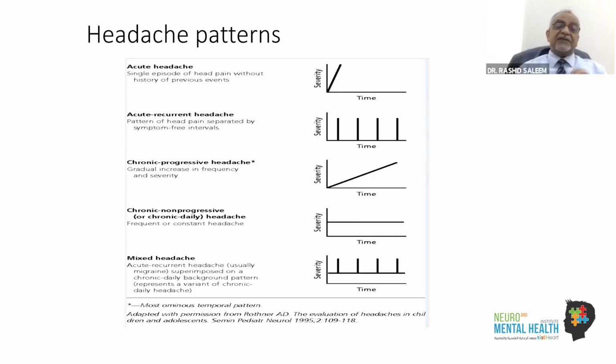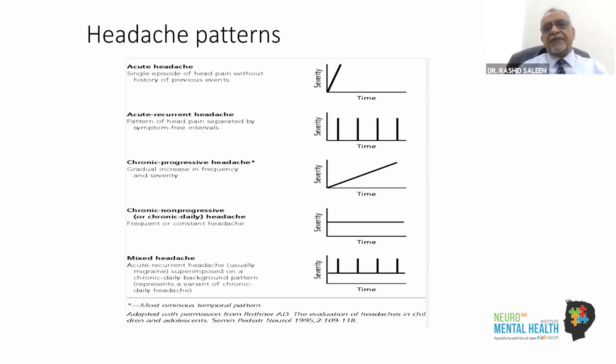If you look at the mixed headaches, this is actually a very interesting group, and a lot of teenagers tend to present with this pattern. These are primarily primary headaches, which were episodic to begin with, but with time they have transformed, and there can be an element of migraine headache spiking, as you see in the spikes there, and there is going to be a background tension type headache, and there can also be an element of medication overuse headache.